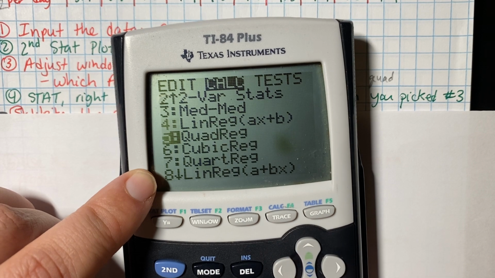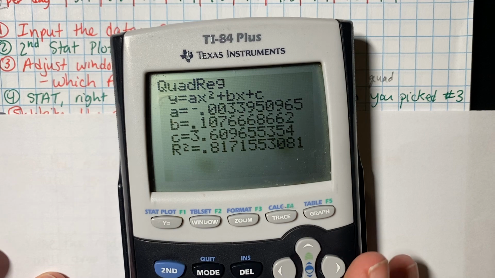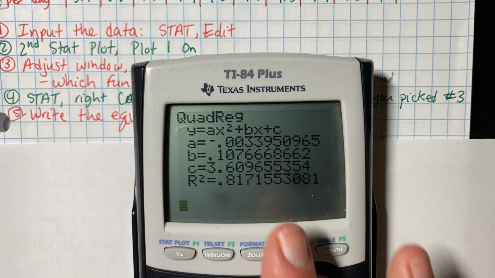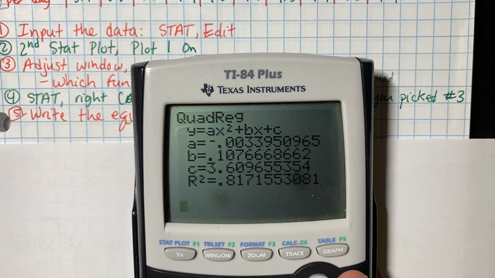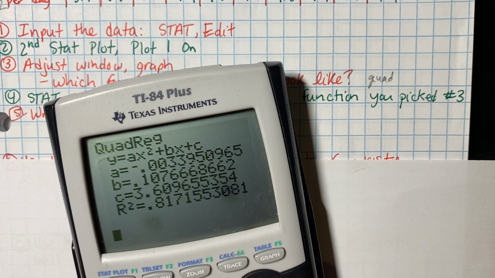Okay, I'm going to pick quadratic and push enter. And it is going to give me all of these numbers to plug in. Okay, so I'm going to write them out to 3 decimals.